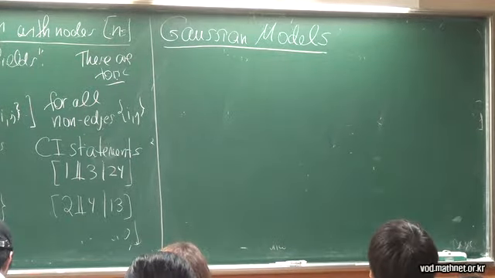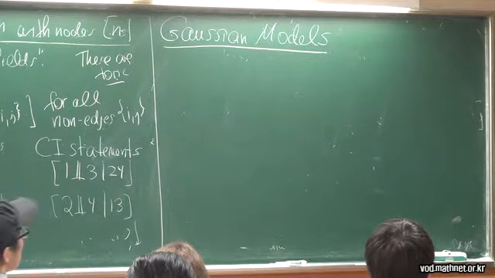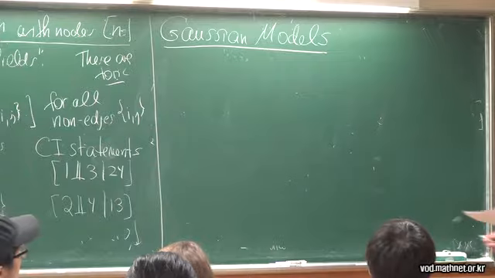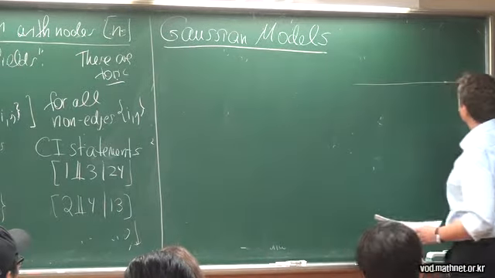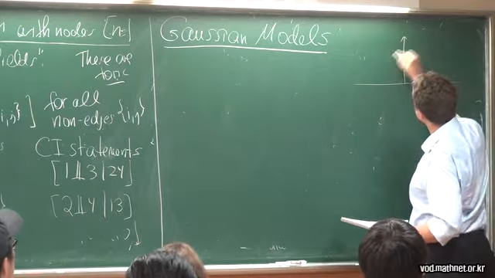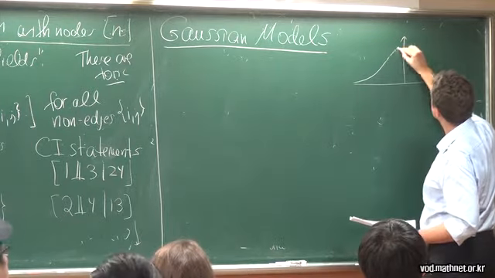Okay, so now the state space is not discrete, but it's R to the n. Usually in your first course in statistics, you see a picture that looks like this.